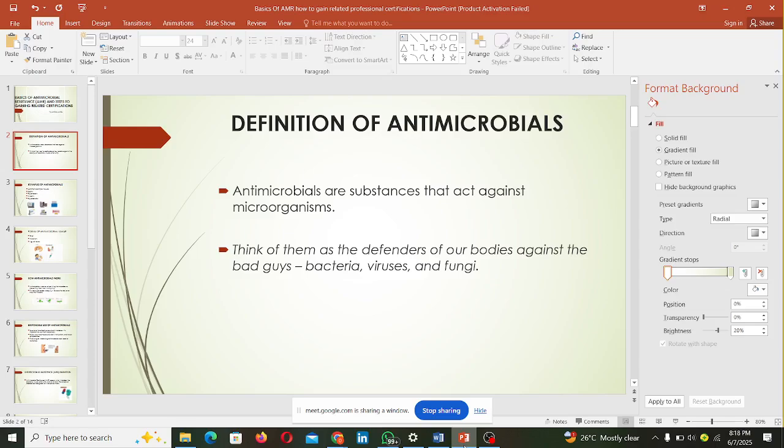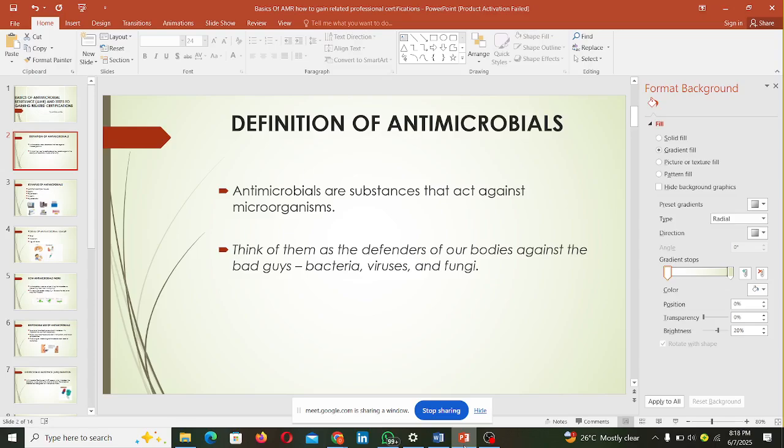But you can also hear another word, antibiotics, and sometimes you might be confused: "What's antimicrobials? What's antibiotics again?" Antimicrobial is the parent name to antibiotics. Antibiotics tackle bacteria, antivirals tackle viruses, antifungals tackle fungi.